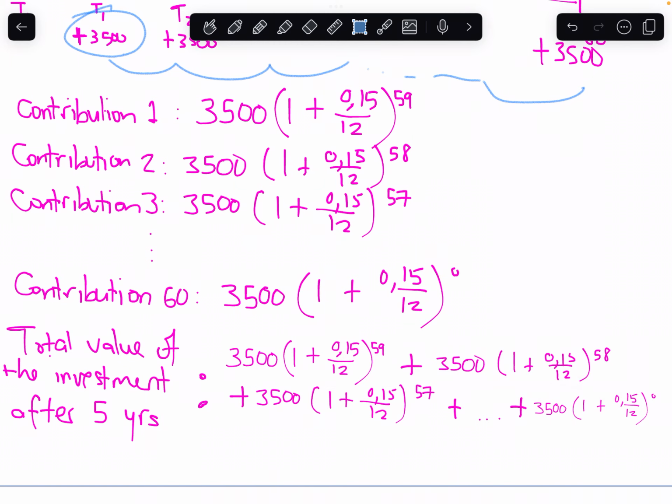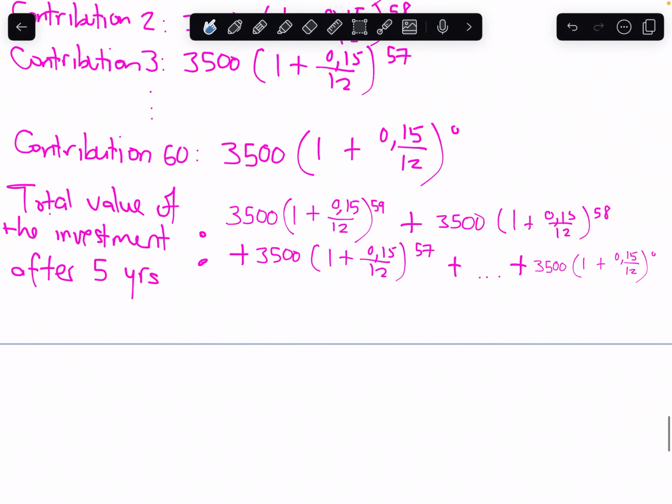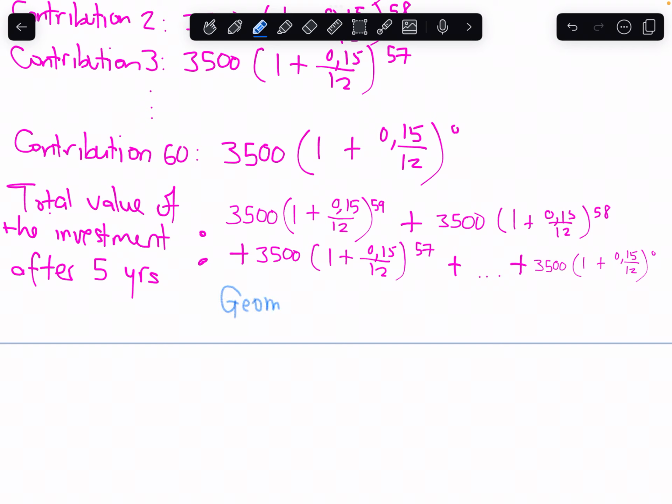Right, okay, and it's clear to see that that is a geometric series, because each term, well, depending on what order you want to look at it. First let's talk about what A is.